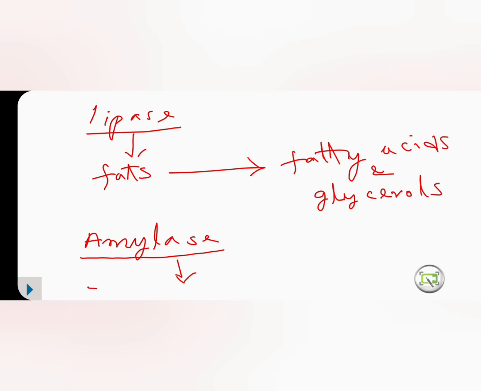Amylase acts on starches present in the food, and those starches are converted into maltose sugars. Thus, some of the process of digestion is completed by the action of pancreatic juice. This digestion occurs in small intestine, but the secretion is from the external gland, which is the pancreas.